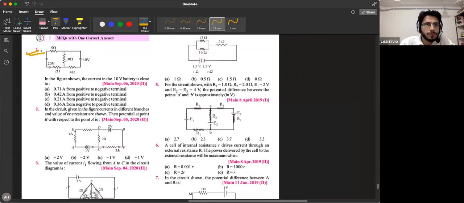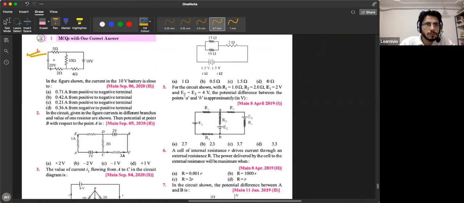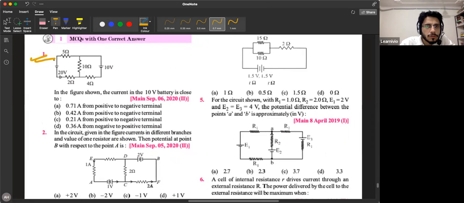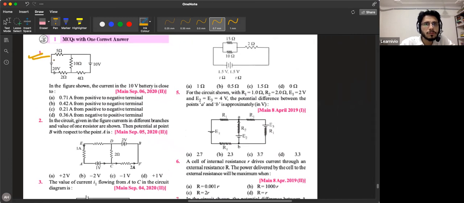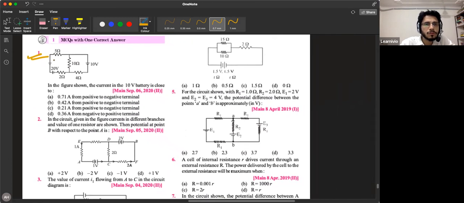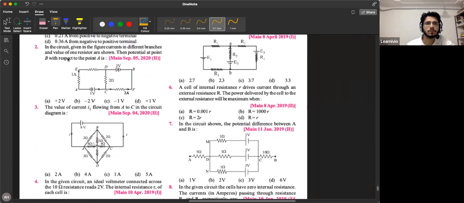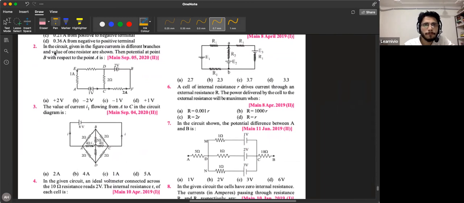So you have two cells. Wait. Something is missing here. Something fishy. Don't do this. Do this question.